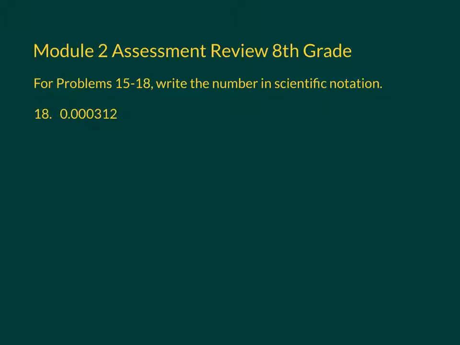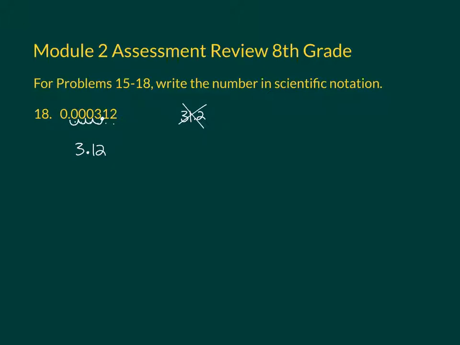Number 18, we can actually read this. It's not super small. So this is the tenths, hundredths, thousandths, ten-thousandths, hundred-thousandths, millionths. So this is 312 millionths. We're going to write this in scientific notation. We can see that the decimal is right here. We are going to move it until we have a number between 1 and 10. 1, 2, 3, 4. If we move it 4 times, we get the number 3.12. If you moved it again, you would get 31.2, which is not between 1 and 10.